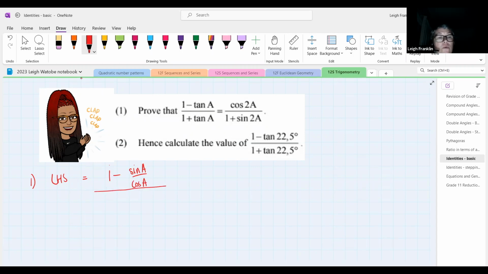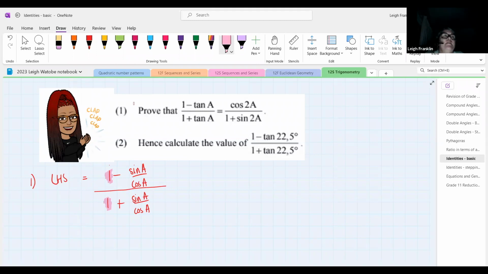And this is all over 1 plus, and again, I'm going to write tan A as sine A over cos A. Now, the 1 here is very interesting. I can't get rid of it because it's not like a cosine double angle where I can pick which one I'm going to use to get rid of a 1. So I can't get rid of that 1.